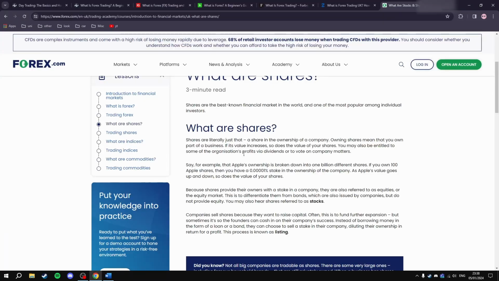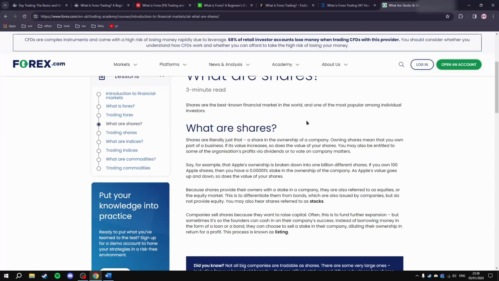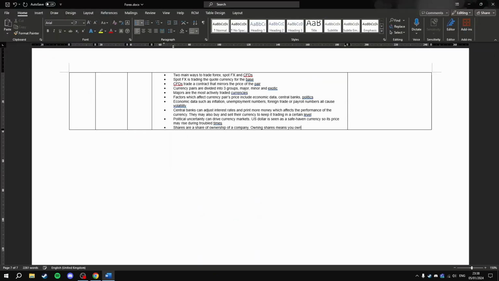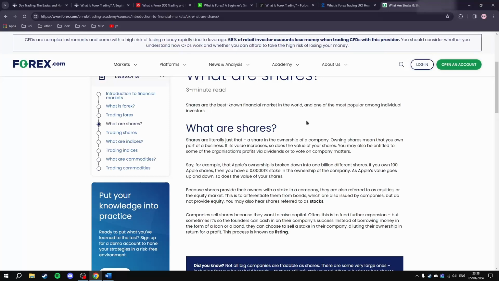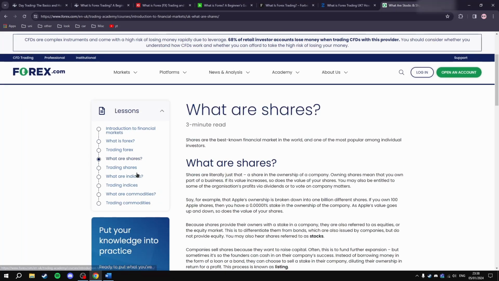Owning shares means you own parts of a business. I just realised shares, all these other sections, shares, indices, commodities, they're not Forex.